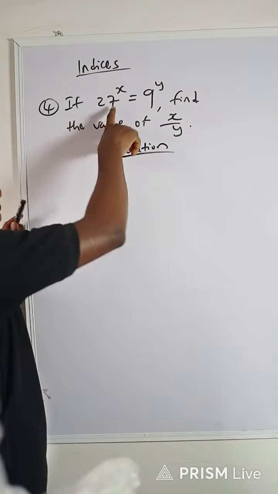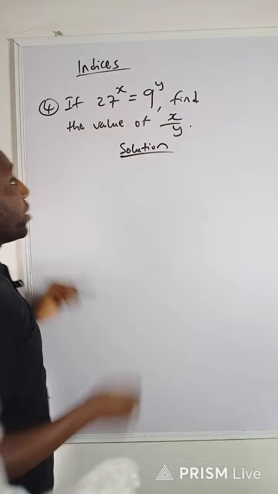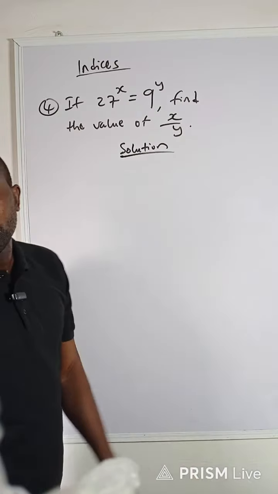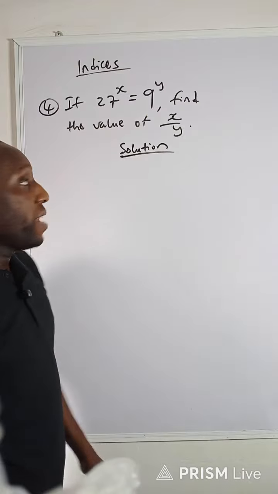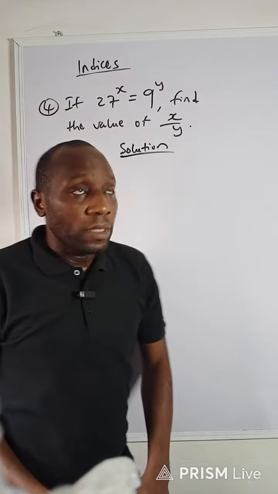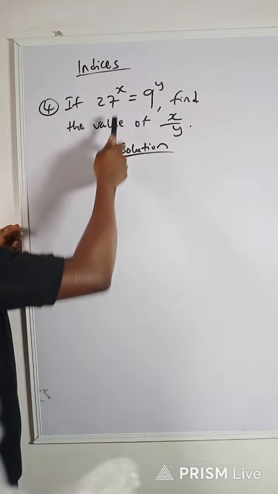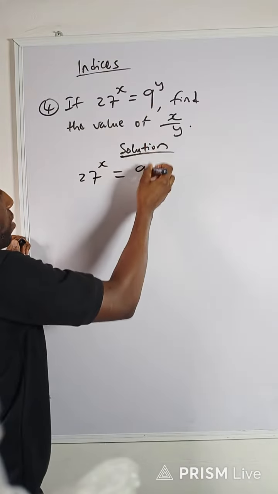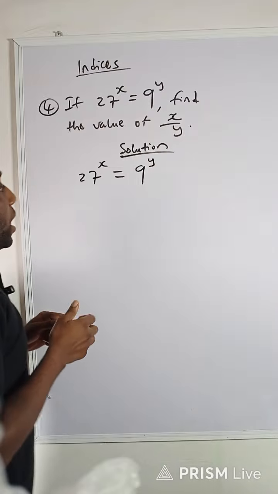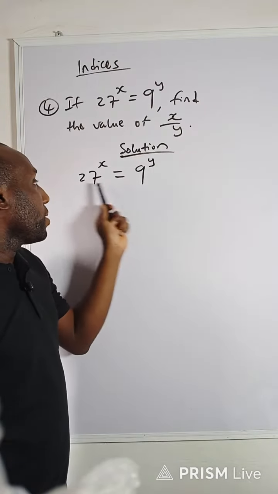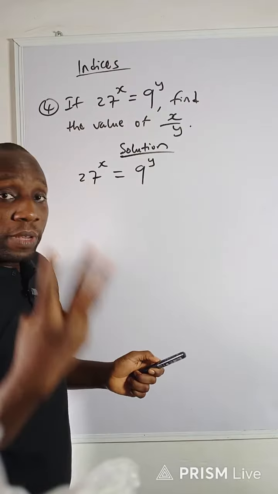Now, we are told that if 27 raised to the power of x is equal to 9 to the power of y, find the value of x over y. So how are we going to do this? 27 to the power of x is equal to 9 to the power of y. As we usually do, let us express them with a common base of 3.